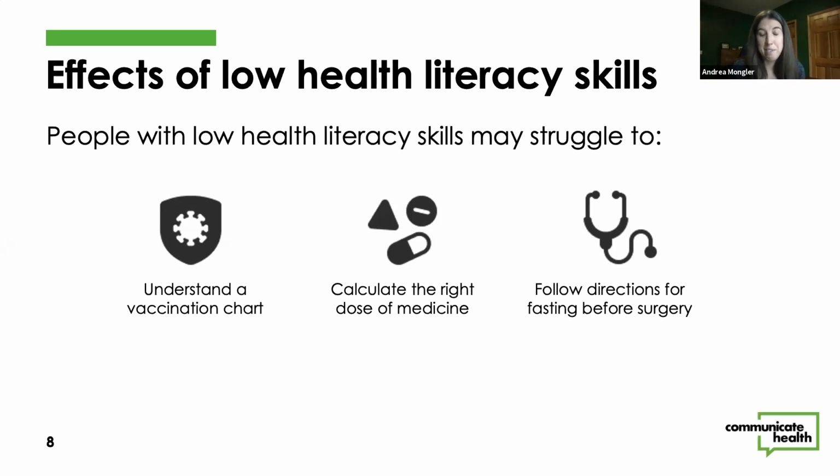Calculating a medicine dose obviously involves numbers, and probably so does following directions for fasting. It's like no food or drink starting 12 hours before your surgery. And maybe those directions could be made easier to understand with a visual. So throughout this workshop, we're going to talk about these types of examples and how you can use numbers and visuals in a way that helps people understand this kind of information and take these kinds of actions.